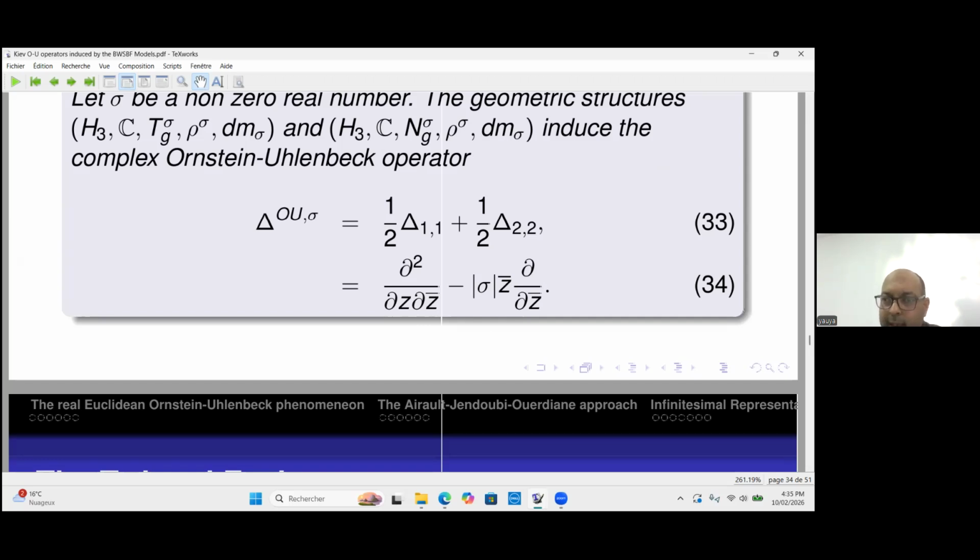In the following, we ask what happens if we take a non-equivalent representation. That is, if we perturb the representation of the group, what happens to this expansion of the Ornstein-Uhlenbeck operator?